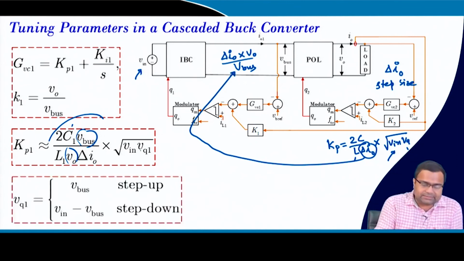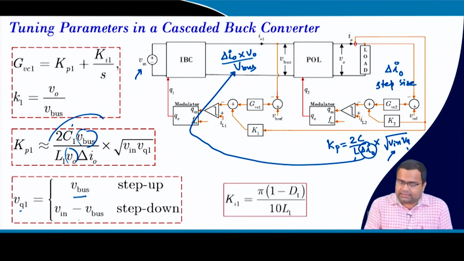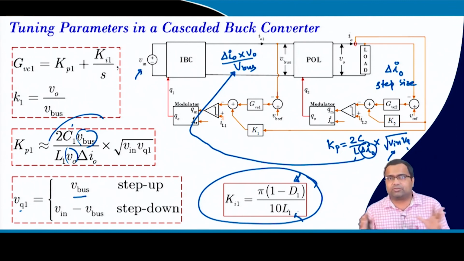And what is Vq1? It relates to the output voltage, it is the bus voltage, or V in minus V bus. This is the same method that we are using, where D1 is the steady state duty ratio for the first stage and L1 is the inductor. Again we are using this concept.